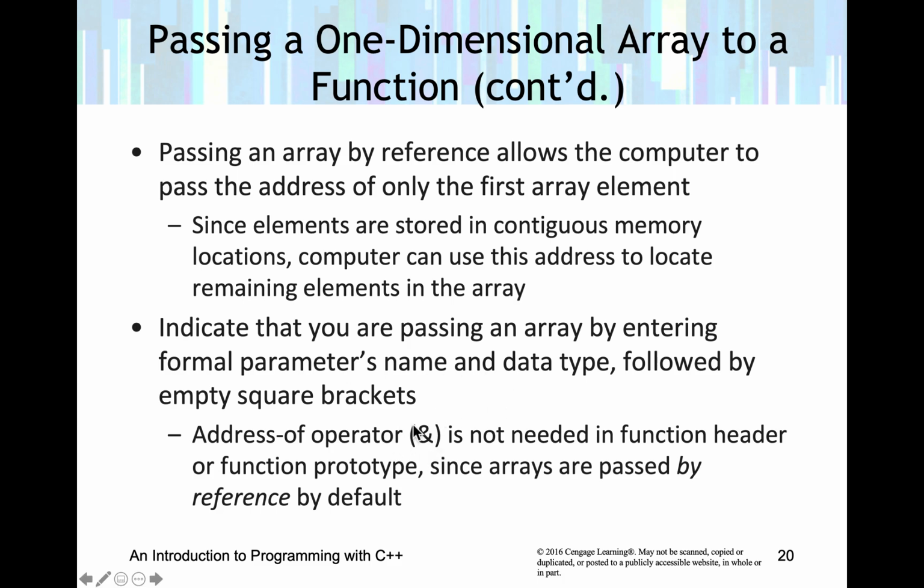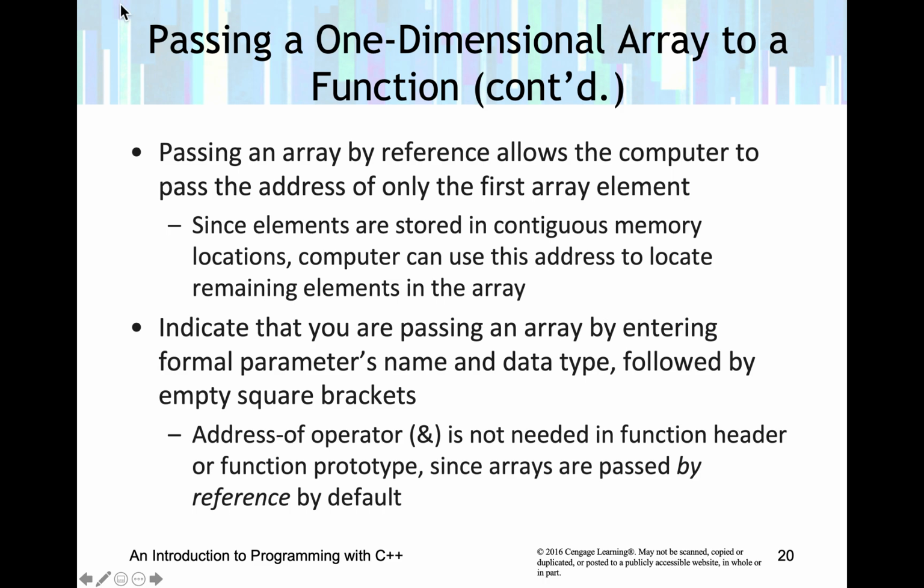We don't use the ampersand operator because it's already passing by reference. We already have the address. The name grades holds the address; it doesn't hold a value. So we don't need the ampersand operator.